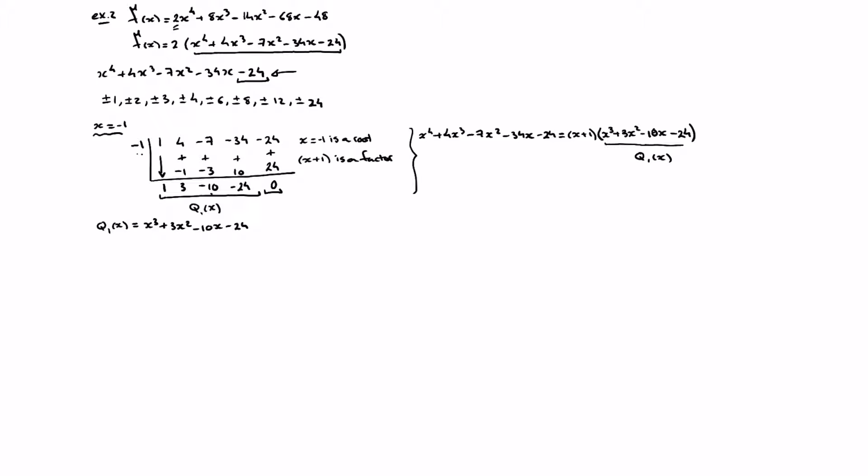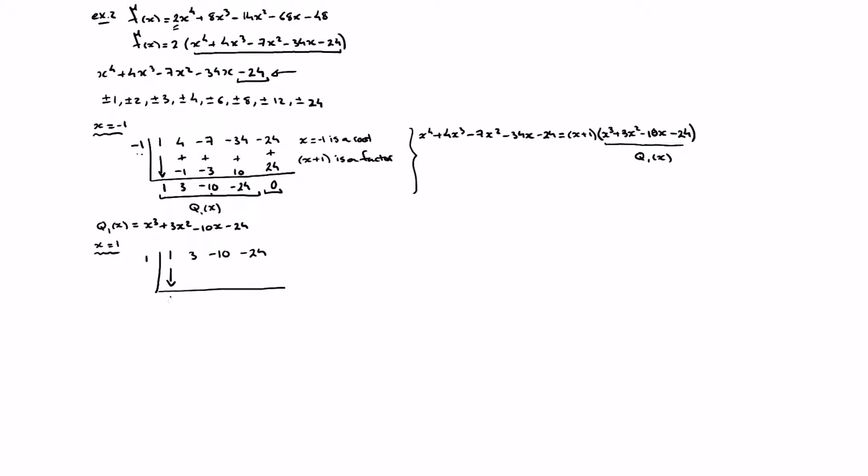And the next factor in our list would be x equals 1. So looking at the coefficients of q1, we have 1, 3, negative 10, and negative 24. And we're evaluating this at x equals 1.